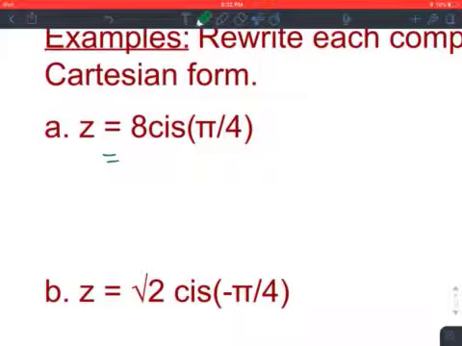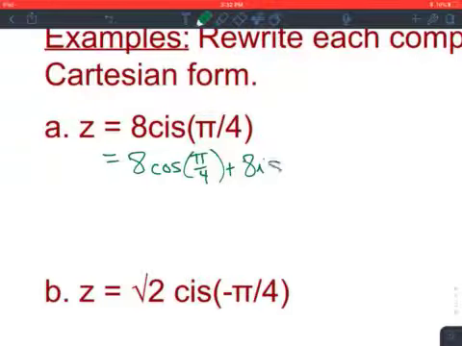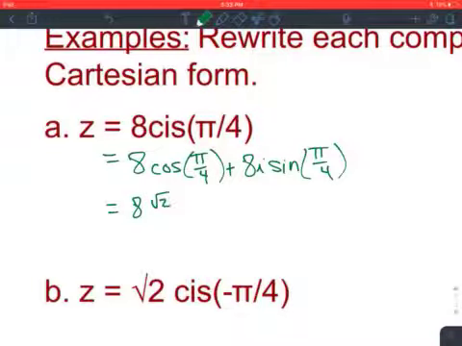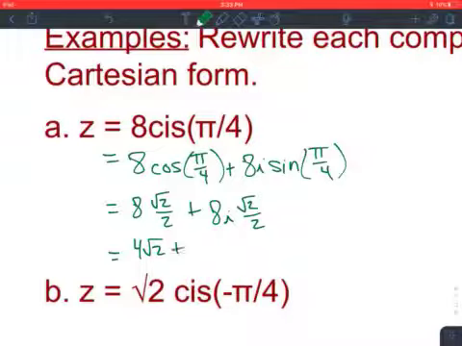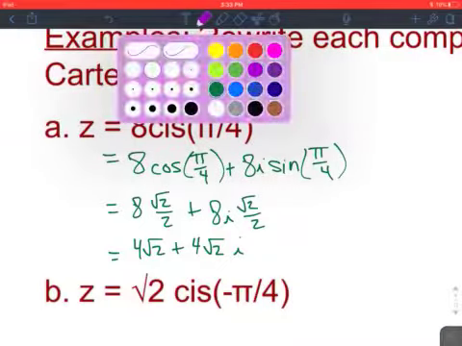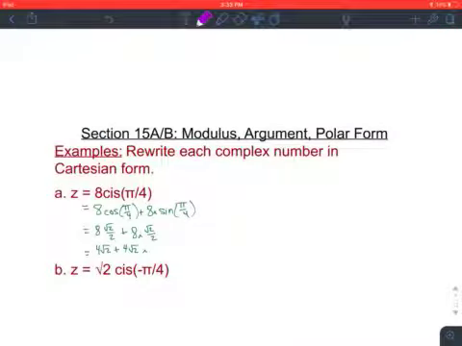Just expand this. 8 cosine pi over 4 plus 8i sine pi over 4. 8 square root of 2 over 2 plus 8i square root of 2 over 2. 4 root 2 plus 4 root 2 i. And there you go. Cartesian form.